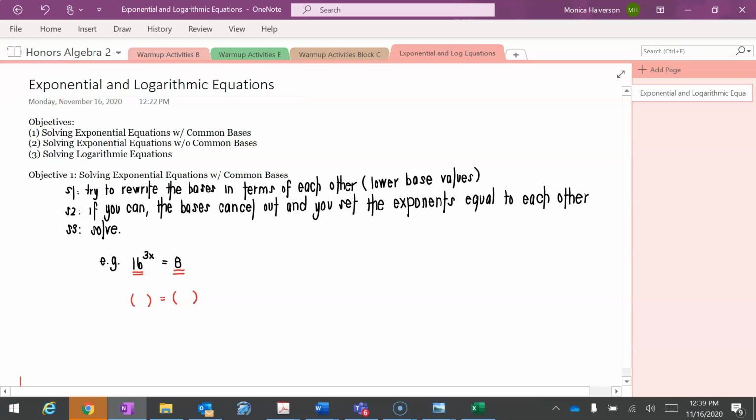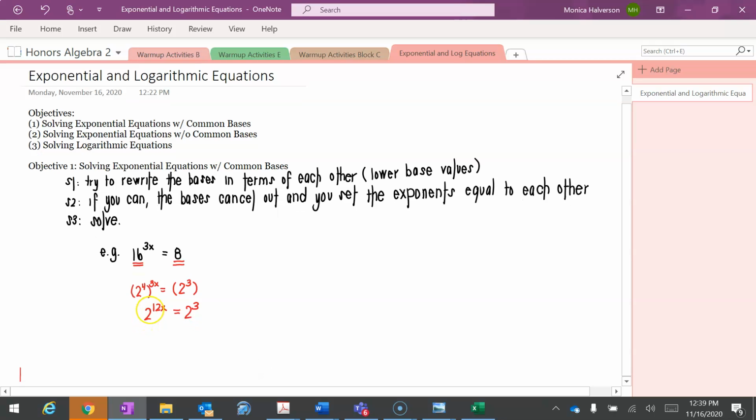And you can. 16 can be rewritten as 2 to the 4th, and 8 can be rewritten as 2 to the 3rd. That's the only common base that they have. So now we can rewrite this as 2 to the 12x equals 2 to the 3rd.